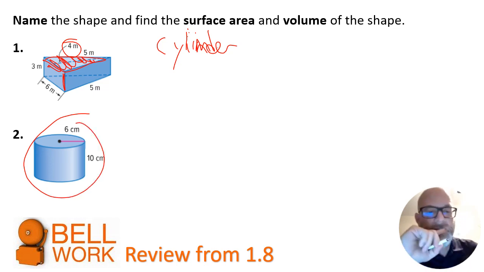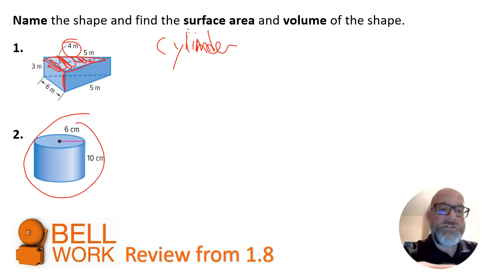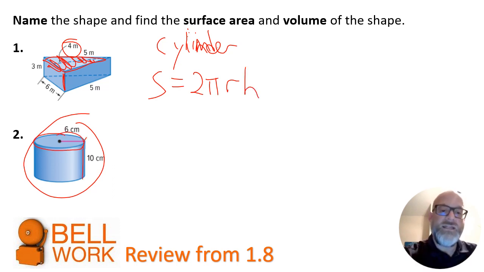Next, we want to determine its surface area. Okay, well, 2 pi r gets me the circumference of the circle. And if I multiply that times the height of the cylinder, it sweeps out all the lateral surface area. Then, if I want to get the surface area of the top and the bottom bases, well, that's just going to be 2 pi r squared.